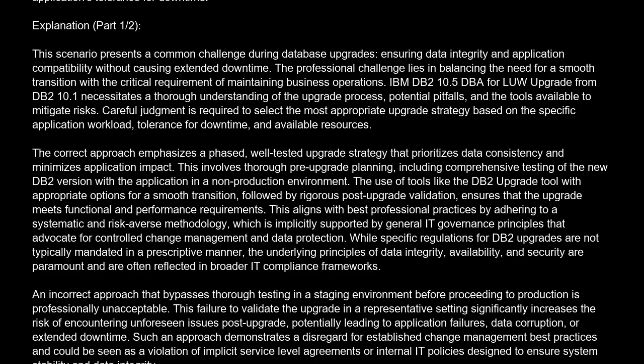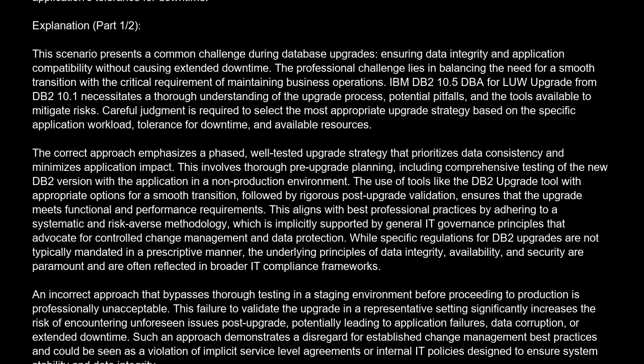This aligns with best professional practices by adhering to a systematic and risk-averse methodology, which is implicitly supported by general IT governance principles that advocate for controlled change management and data protection. While specific regulations for DB2 upgrades are not typically mandated in a prescriptive manner, the underlying principles of data integrity, availability, and security are paramount and are often reflected in broader IT compliance frameworks.